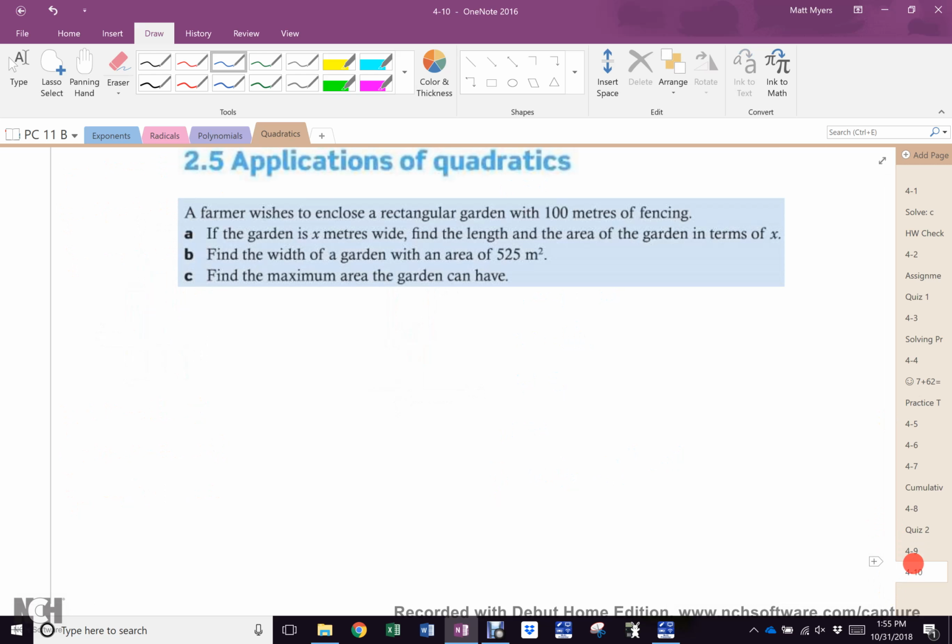All right. Let's apply some quadratics. Everybody have a look at A and tell me what that garden's going to look like.